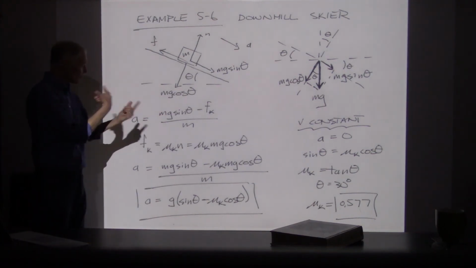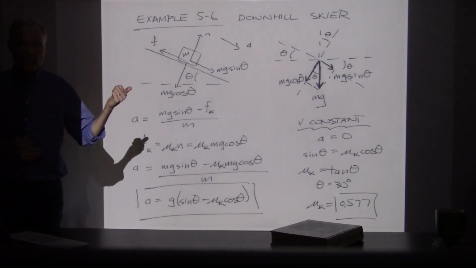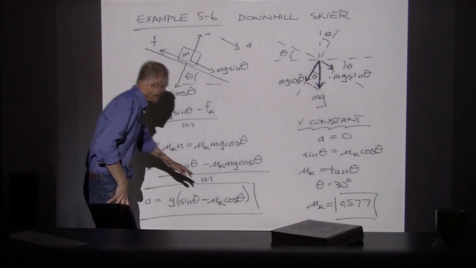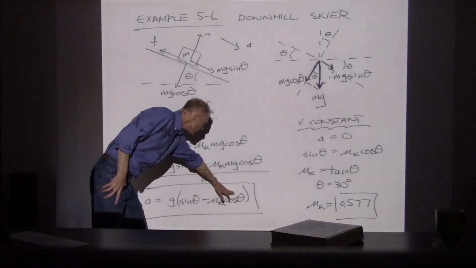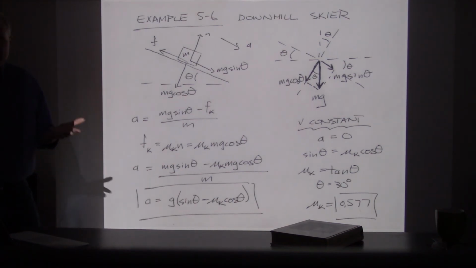If the opposite is true, then the acceleration would be negative, and in this example, negative acceleration indicates the skier is slowing down. So the skier could be speeding up or slowing down depending on what the coefficient of kinetic friction is and what the angle of incline is.